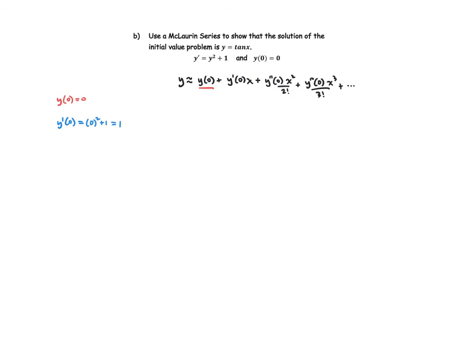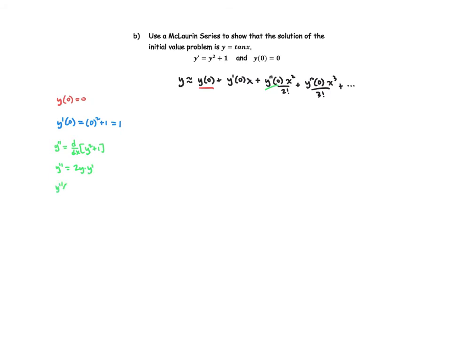Now it gets more interesting because, of course, I got to determine y double prime. So y double prime is going to be equal to the derivative with respect to x of y prime, which was y squared plus 1. So y double prime will equal 2y times y prime, and the 1 drops off.